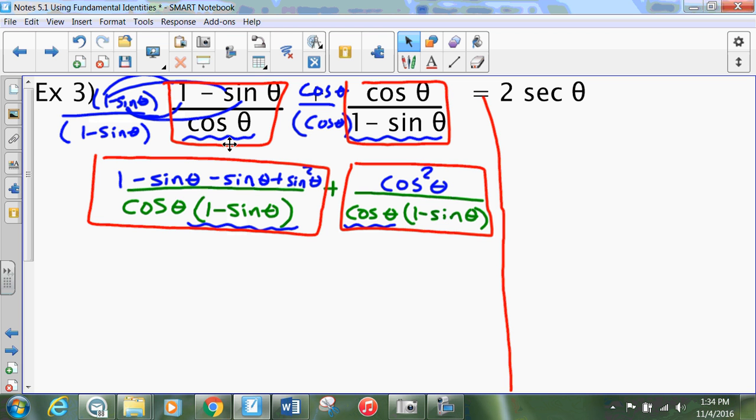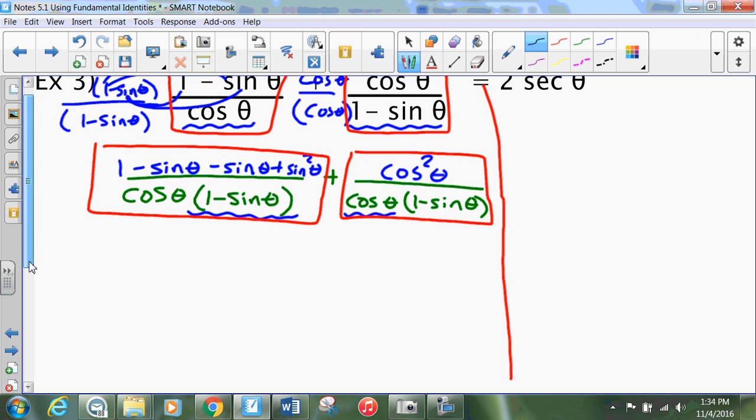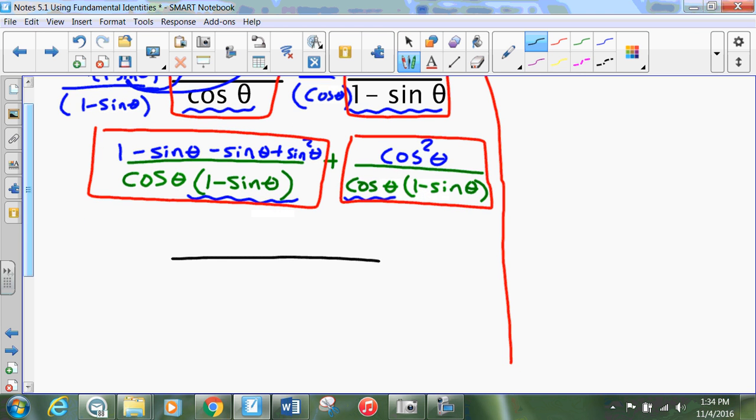Now we've got 2 fractions, and we're going to combine them by adding them together. Let me switch up a color. When we add fractions, our denominator stays the same, and we add the values in our numerator. First of all, negative sine theta minus sine theta, I can combine those. I'm kind of skipping a step here, but forgive me.